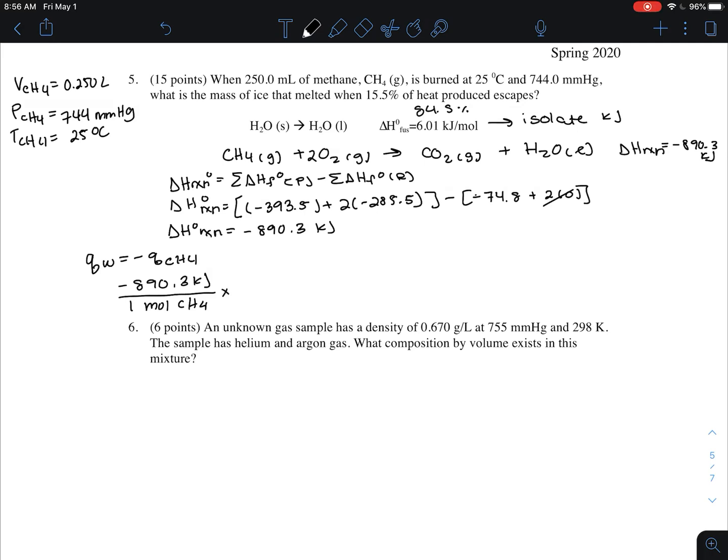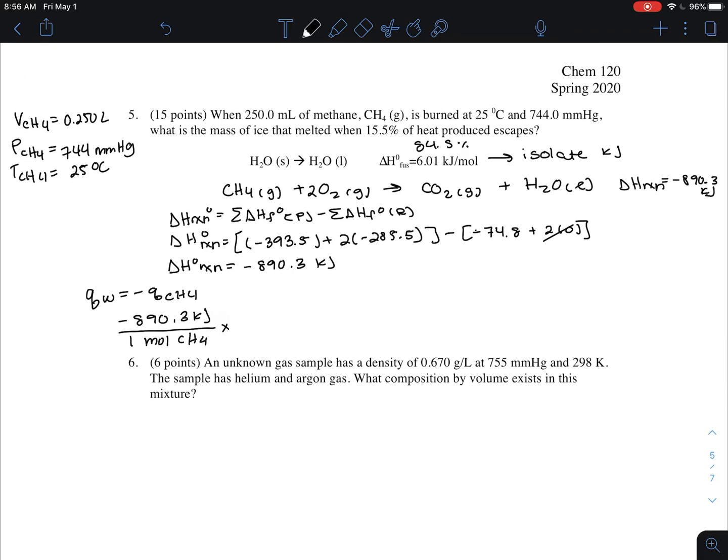But I want to get rid of that 1 mole of methane because I just want kilojoules. So then I can use my heat of fusion. How can I get moles of methane? Well, I'm given all my ideal gas law factors, so I can use the ideal gas law to find my moles. So you plug everything in, making sure you convert to the appropriate units.